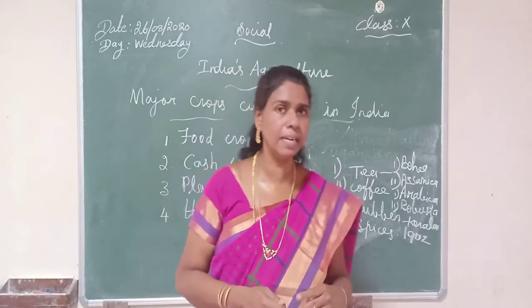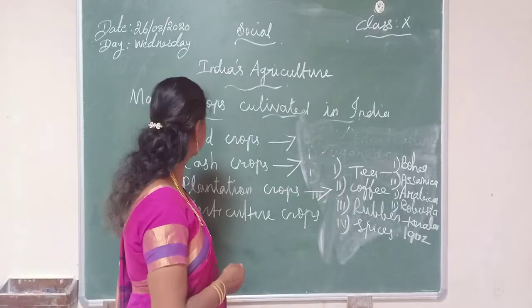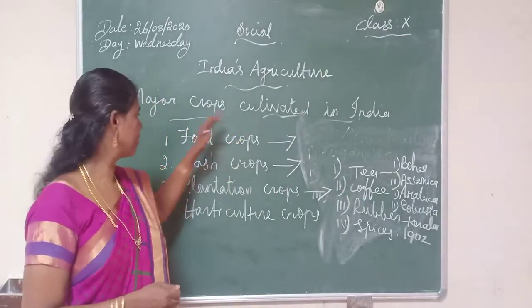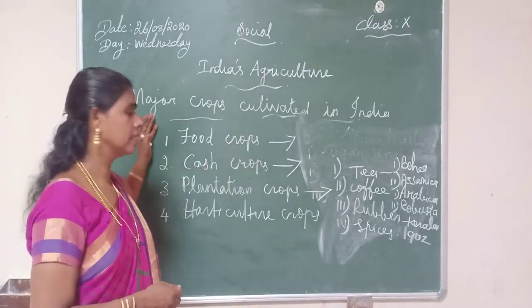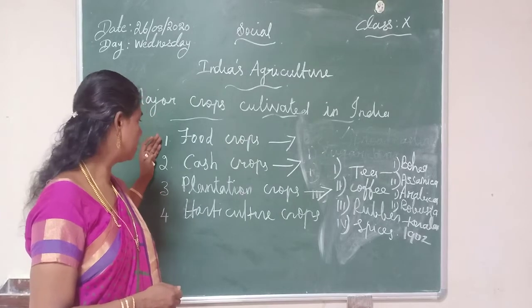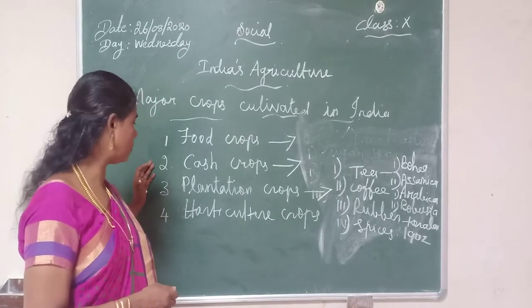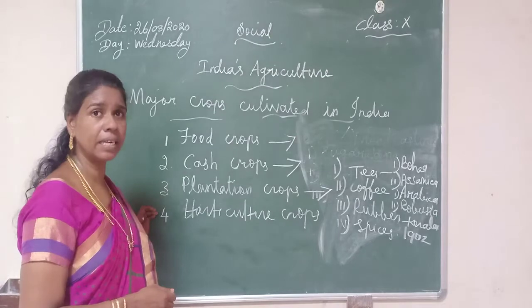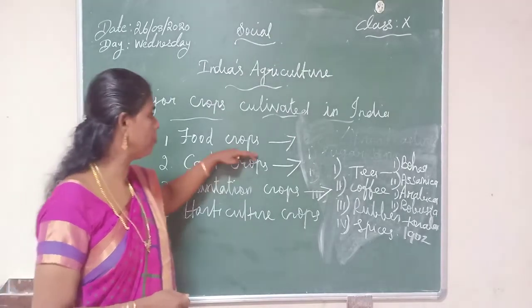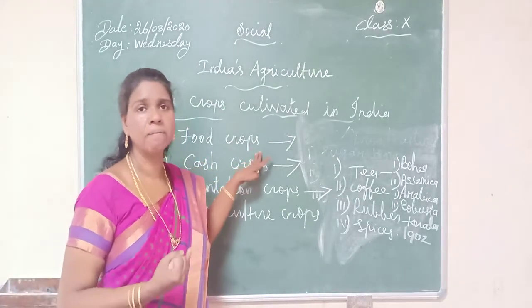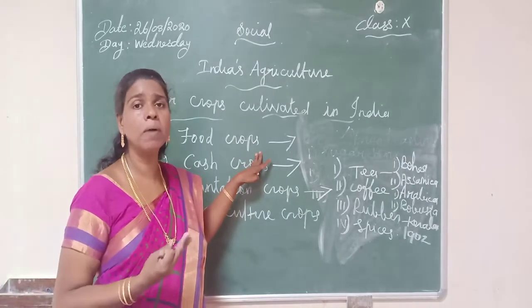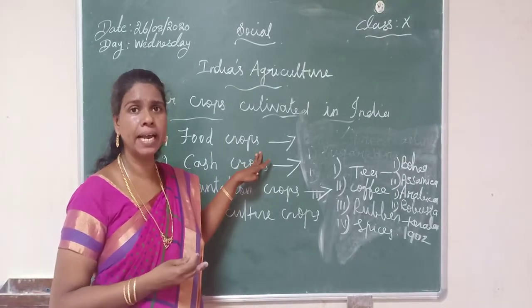Okay, now listen here. Now I explain major crops cultivation in India. The first one is food crops. The second one is cash crops. Third one is plantation crops. And the last one is horticulture crops. The major food crops are rice, wheat, jowar, bajra, barley and pulses.